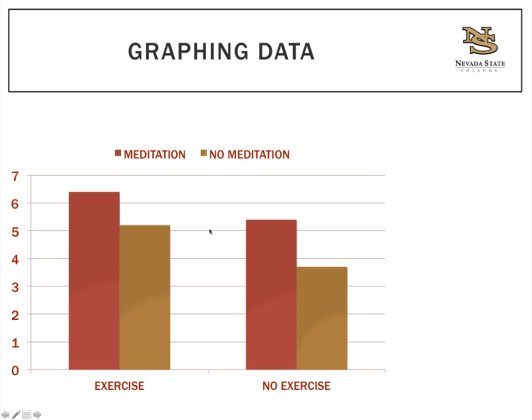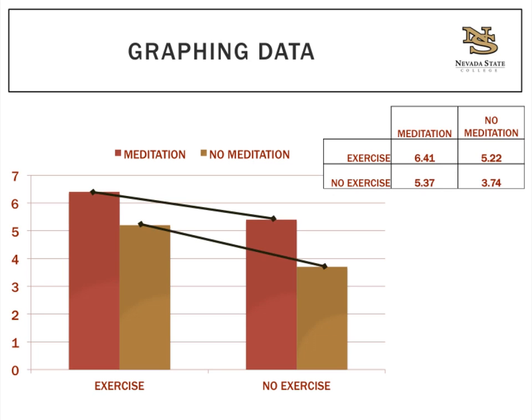So participants are sleeping better when they're meditating than when they're not meditating, right? And even if they're not exercising at all, we do get sort of a less sleep quality overall, right, if they're not exercising. So let's just look at the data real quick. So I'm going to show you a table of the data, so basically the numbers, so that you can see how these bars came to be.